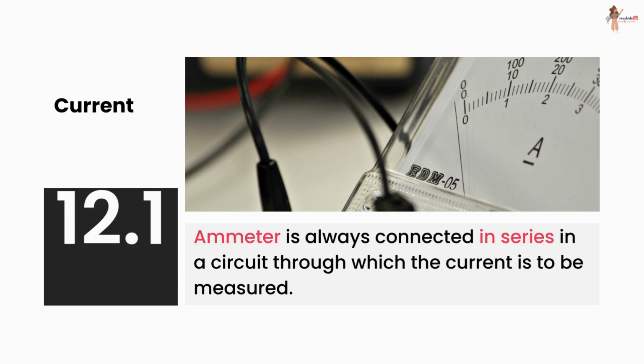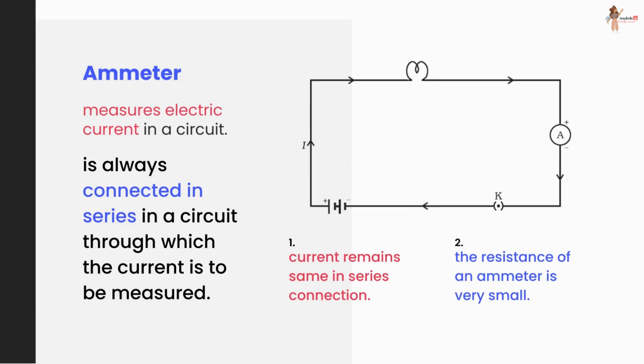Now, why is that? There are two main reasons for doing that. First, since current remains same in series connection, ammeter would give the correct reading of the current passing through the circuit. And secondly, since the resistance of an ammeter is very small, it doesn't affect the current to be measured when we connect it in series.